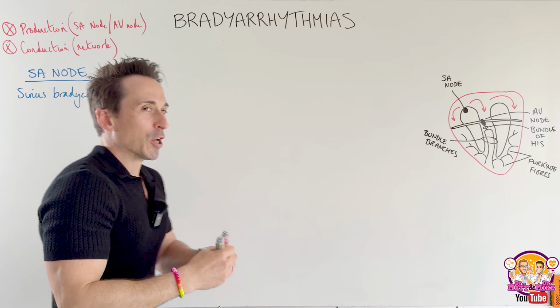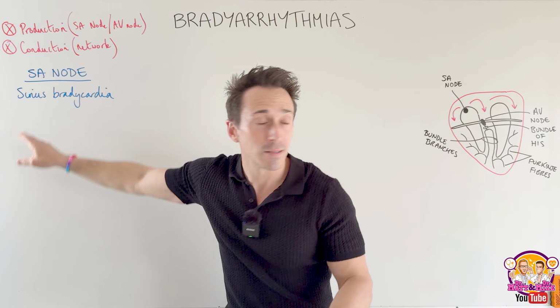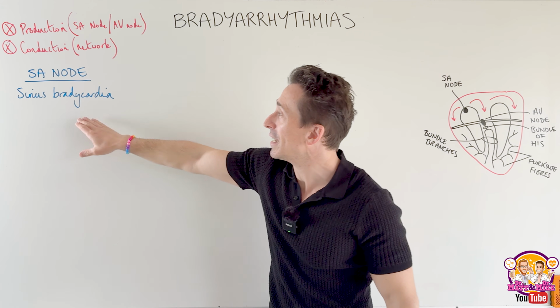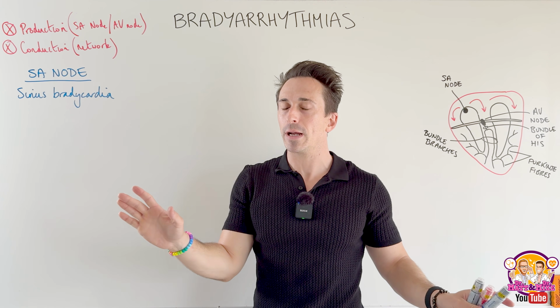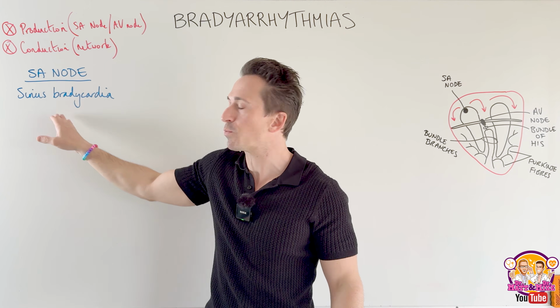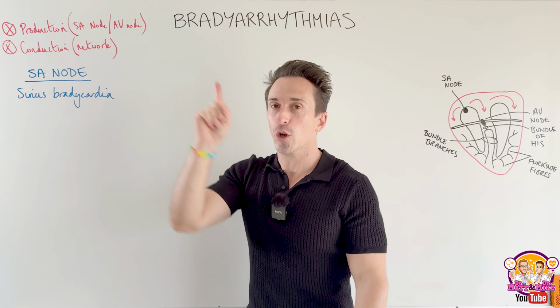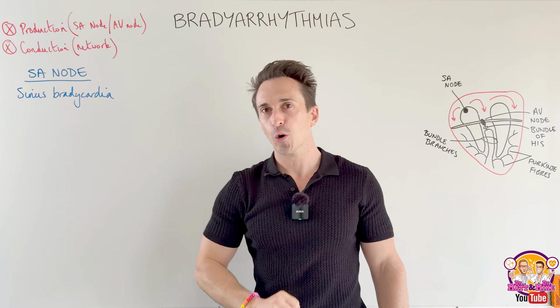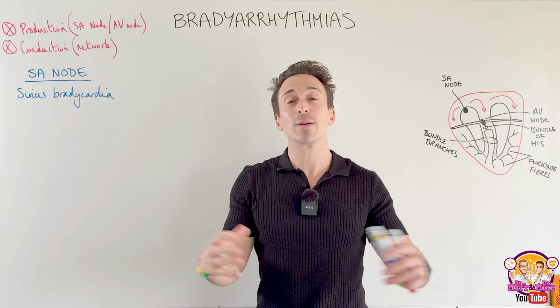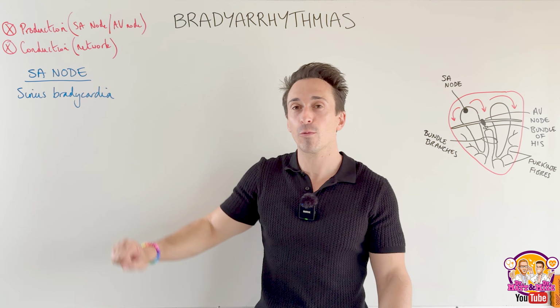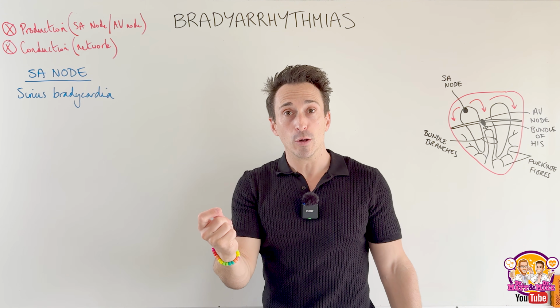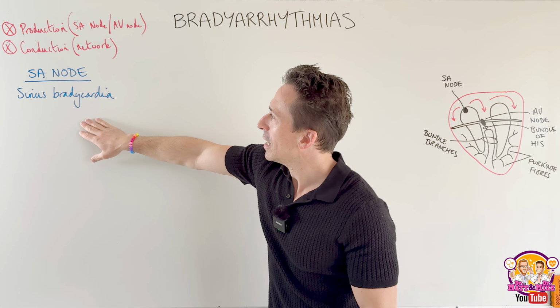Okay, look at that. Sinus, referring to the SA node, bradycardia is simply saying slow heart rate. It's not called a sinus bradyarrhythmia, it's called sinus bradycardia, because this can be normal or abnormal, okay? And bradycardia just means slow heart rate. If I call it a bradyarrhythmia, then it's abnormal. So let's have a look.